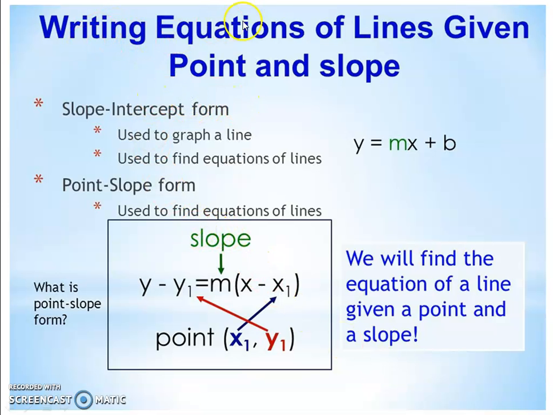Obviously we have to write the equation of a line given a point and slope. Slope intercept form is used with the graph of a line to find the equation y is equal to mx plus b, and the equation y minus y1 is equal to m in bracket x minus x1, where x1 and y1 are coordinates and the slope is m.